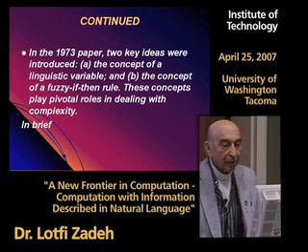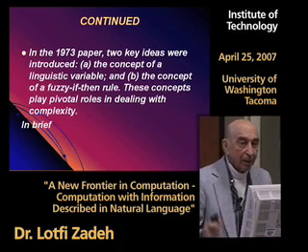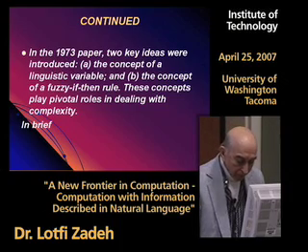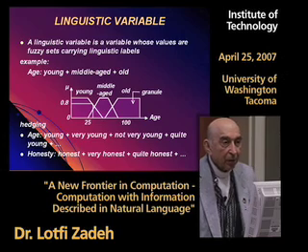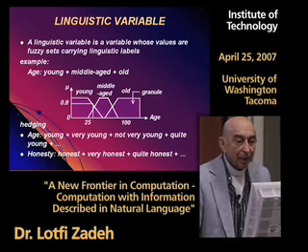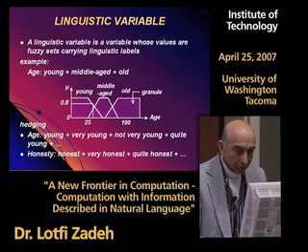My first paper on fuzzy sets appeared in '65, so that was 8 years earlier. If you look at the applications of fuzzy logic today, you will find that most of them use these two concepts, the concept of linguistic variable and the concept of fuzzy if-then rule.